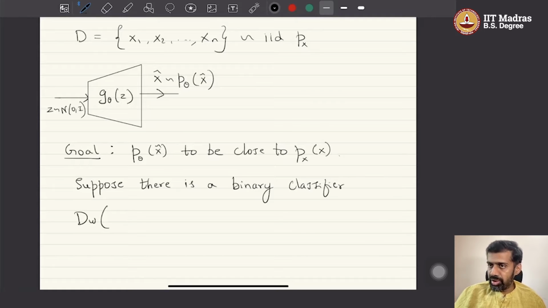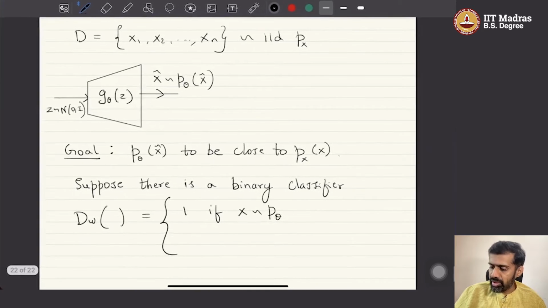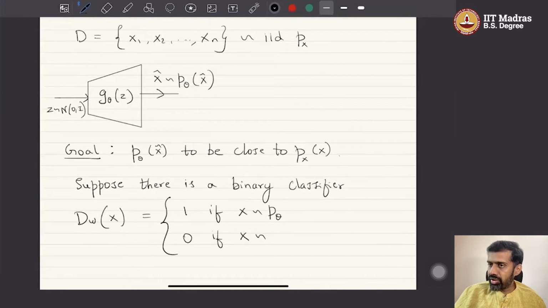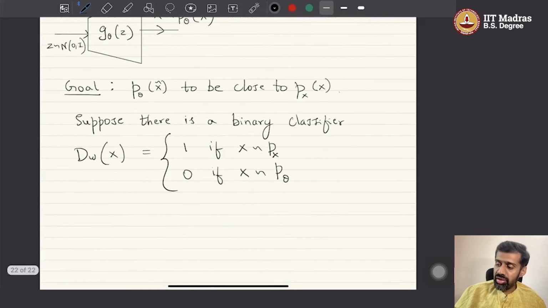So we have D w such that D w of x is 1 if x is coming from P X, and 0 if x is coming from p theta. Whenever x is coming from P X, this classifier will give 1 as the label, and whenever it is coming from p theta, this classifier is giving 0 as the label.